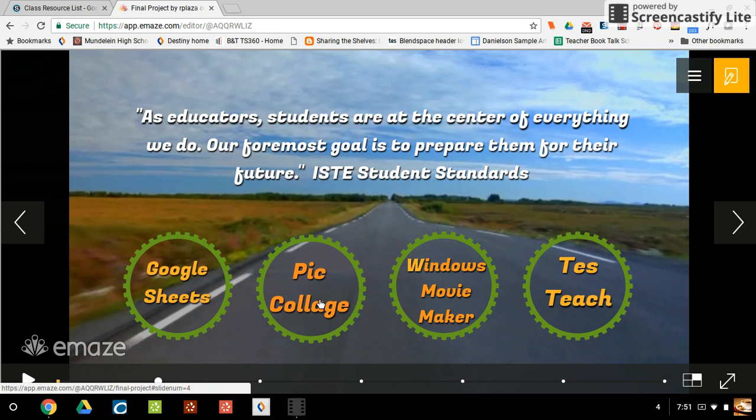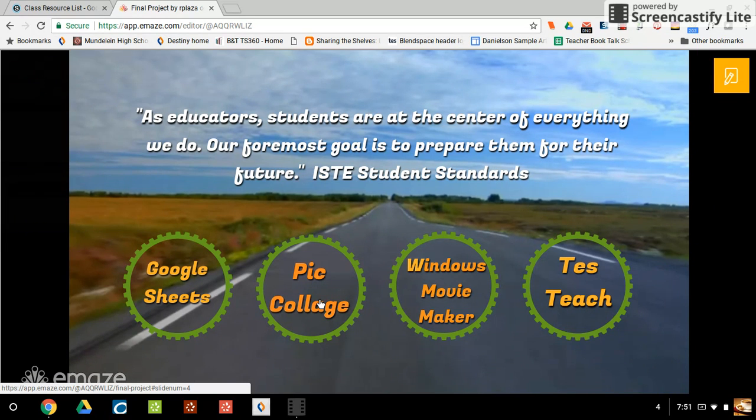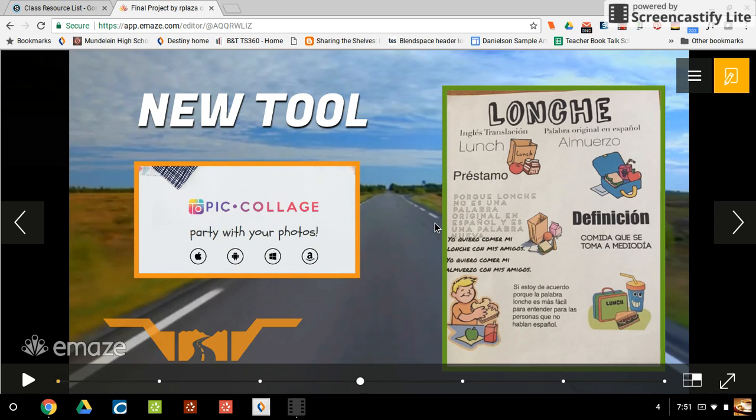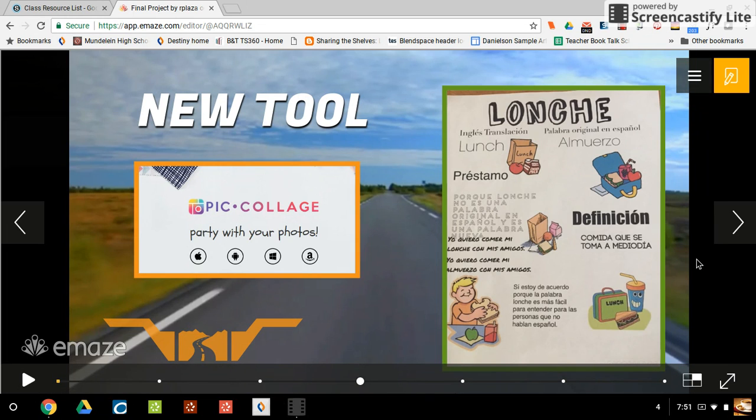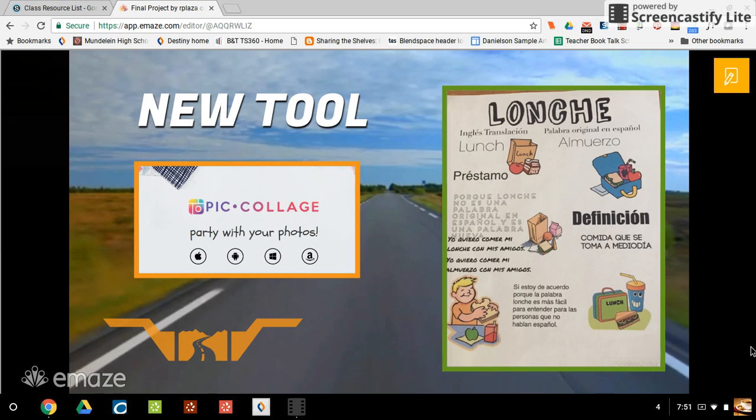The second piece I have here is Pic Collage, which I have seen my son use. He's in middle school and he has a one-to-one iPad school, social studies, English, and this example is from his class that is called Spanish for Spanish Speakers. He went through an immersion program in elementary school, and this is a demonstration that I think would be really great with ELL students examining language.